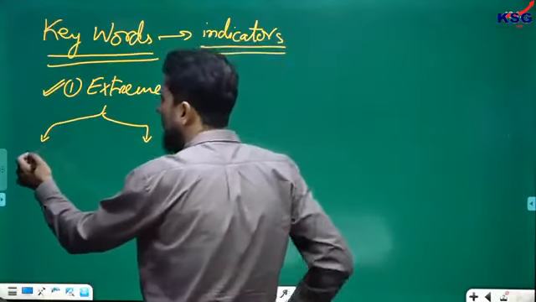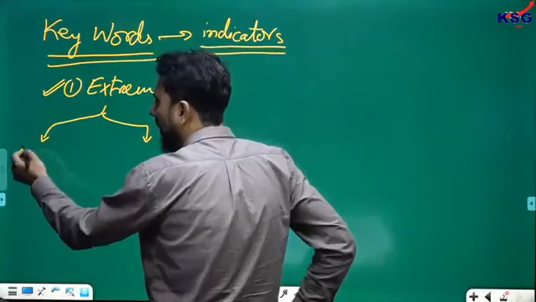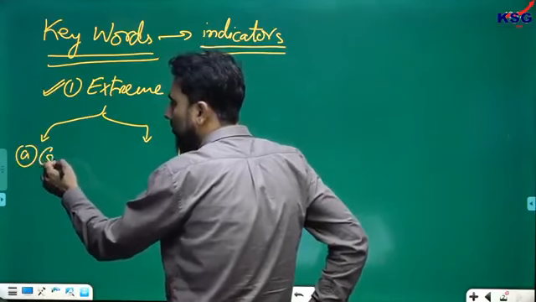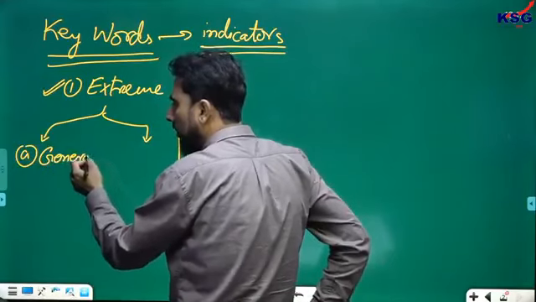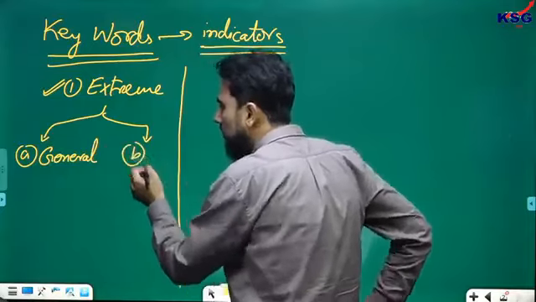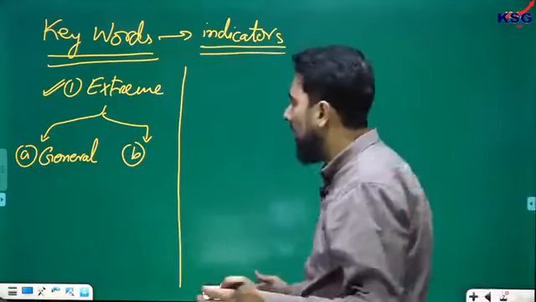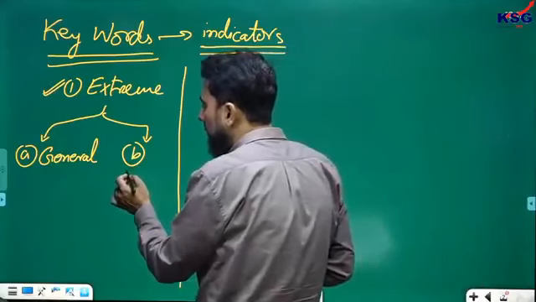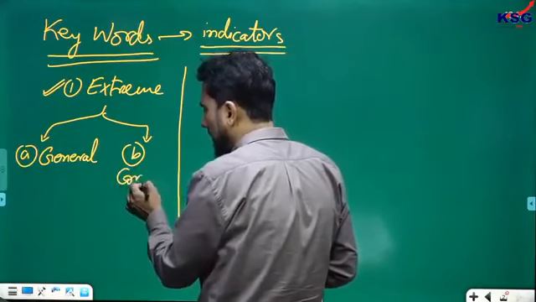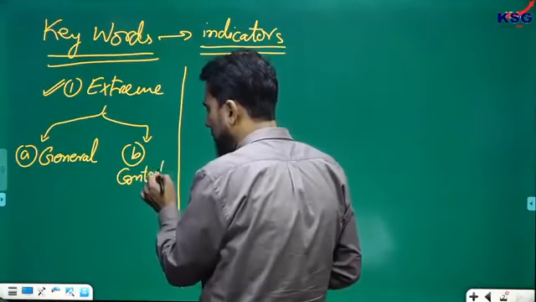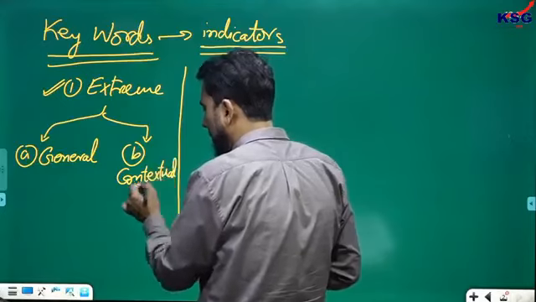Extreme terms can be divided into two forms. A, we can discuss the general extreme words. General words means that in all cases they represent a very extreme sense. B, we can discuss the words that are contextual. So the contextual extremism and the general extremism.